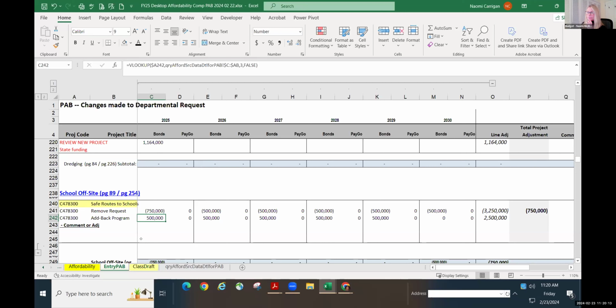Oh, okay. Do we want to give them their full request or go back to plan for fiscal year 25? It's $250,000. Oh, thank you. It's page 254 on the one pager, sorry.